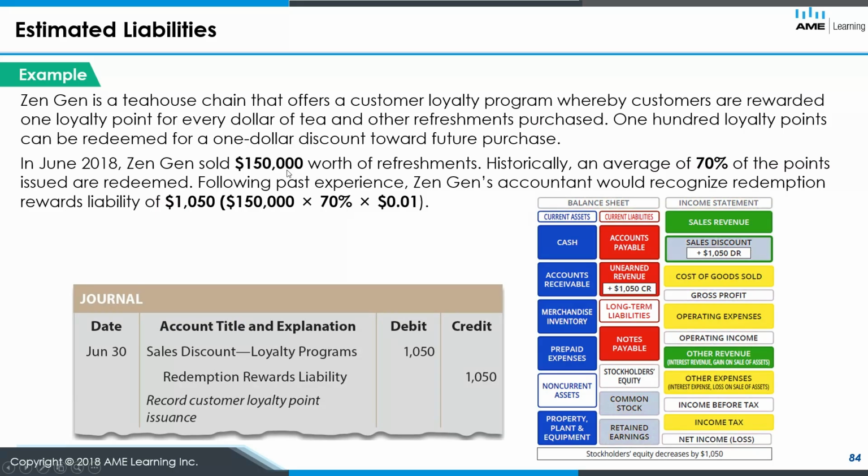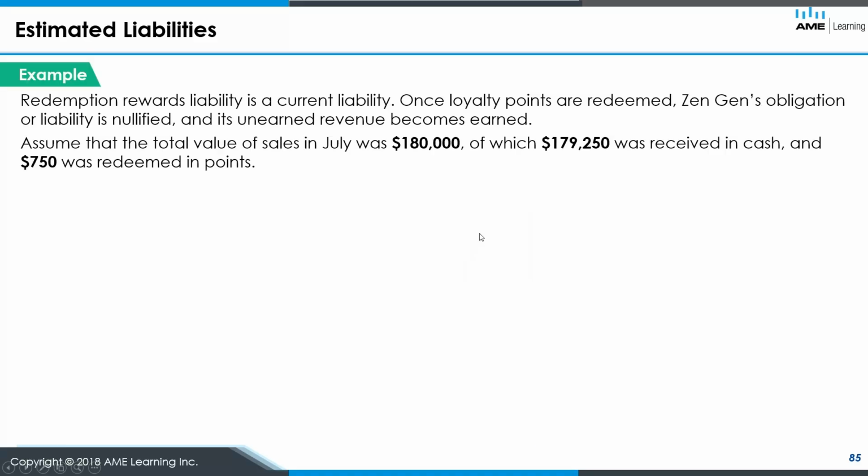So if we sold 150,000, we're going to do that math and come up with a liability for the rewards of 1,050. And we will have a sales discount. So again, it's a contra revenue that will reduce our net sales. Remember that from the inventory chapter. And we have this liability set up to cover us for the potential usage of these points in the future.